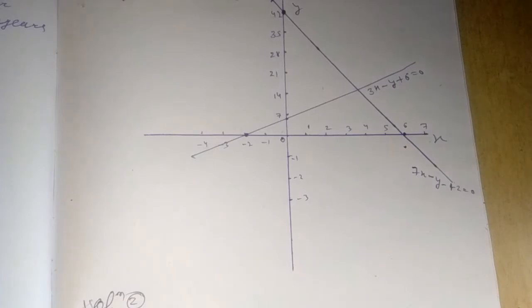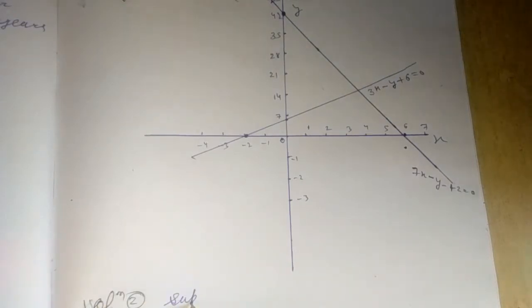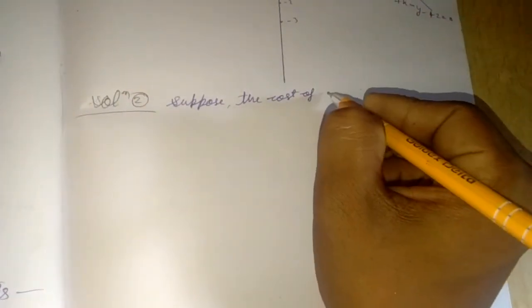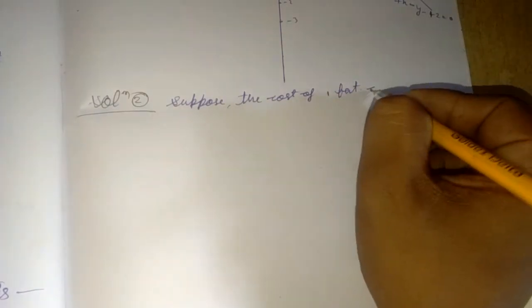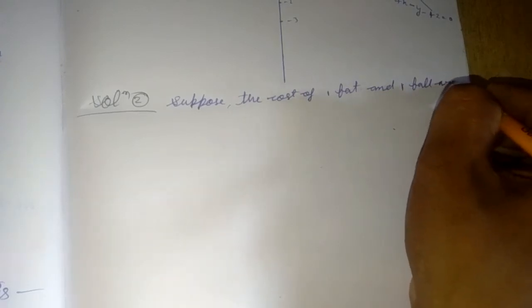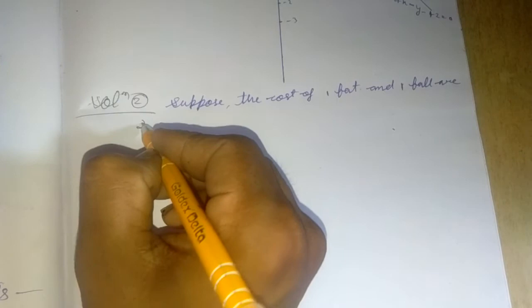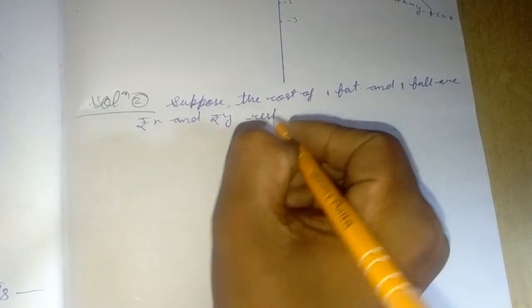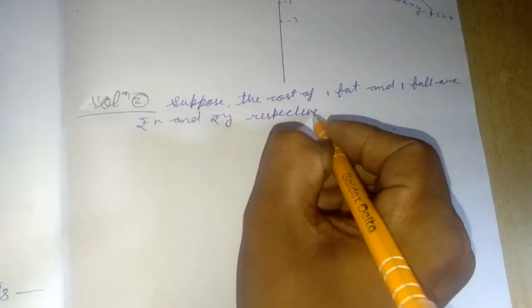So we suppose the cost of one bat and one ball is x rupees and y rupees respectively.